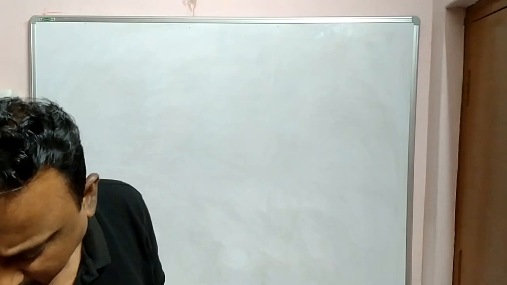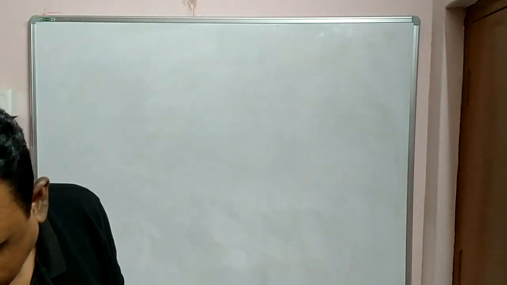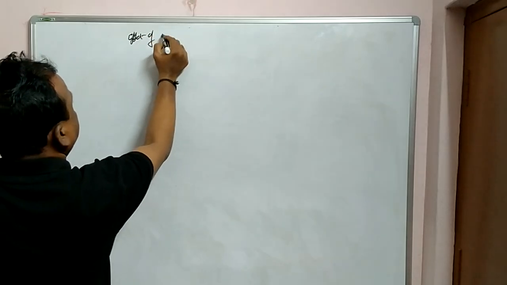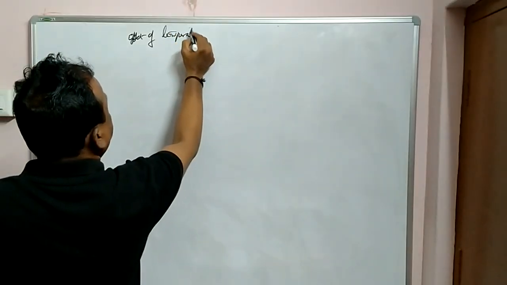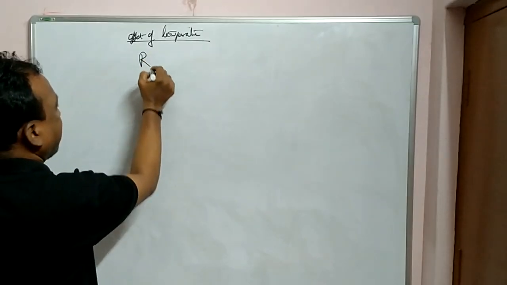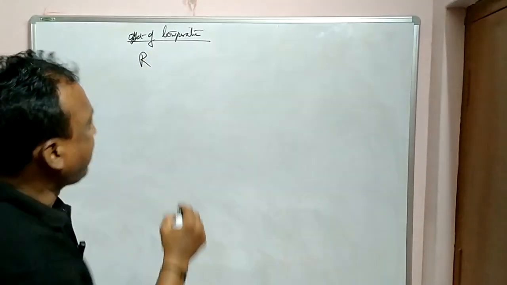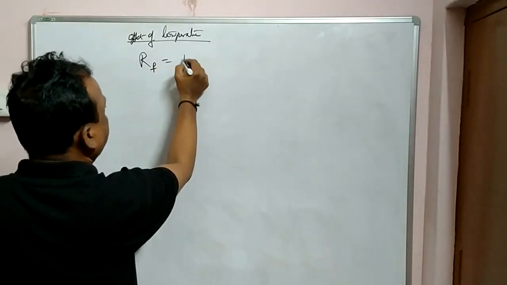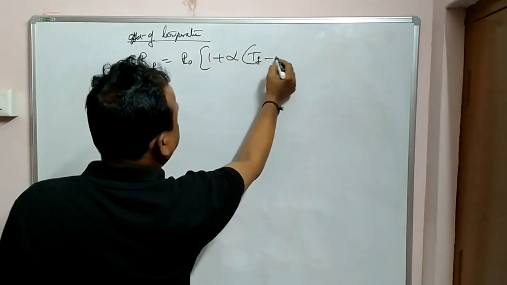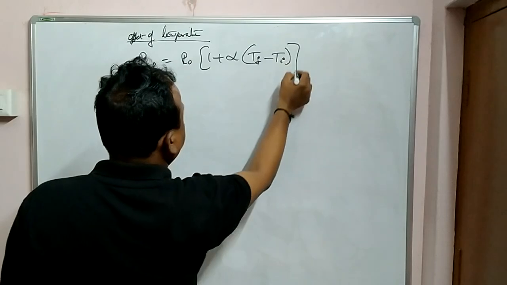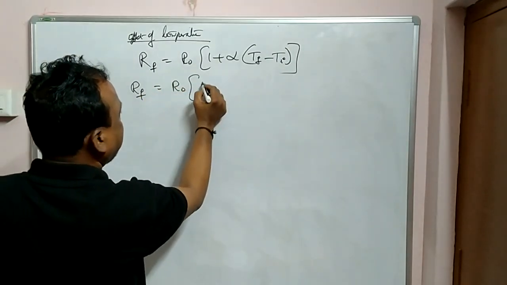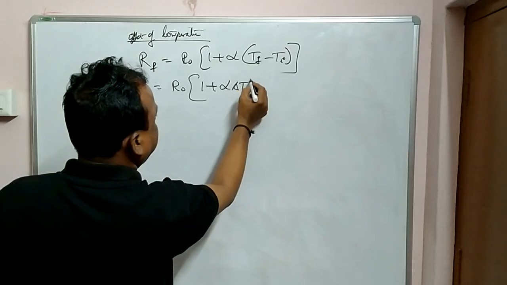That is the effect of temperature on the resistance. Generally, the final resistance is R final equals R initial into 1 plus alpha into (final temperature minus initial temperature), or R final equals R0 into (1 plus alpha delta T).